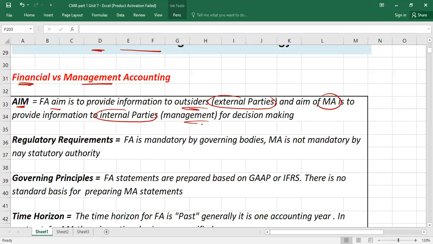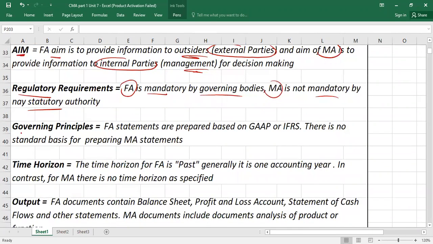Internal parties means management within the business, for their decision making. That is the first difference. Understood? Second is what? Regulatory requirement. Financial accounting is mandatory by governing bodies. For example, if you are a listed company, you are required to produce financial statements, right? But management accounting is not mandatory by any statutory bodies. Understood?